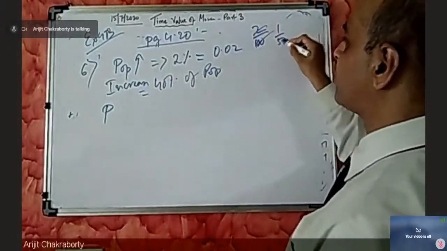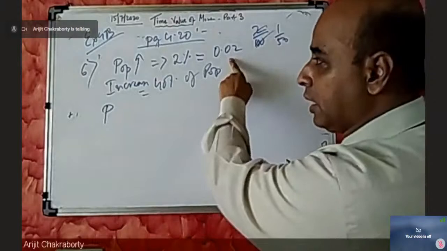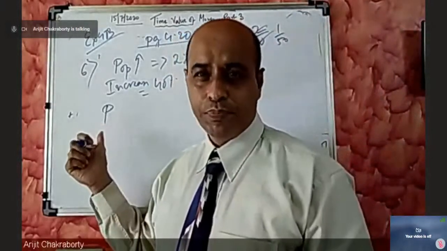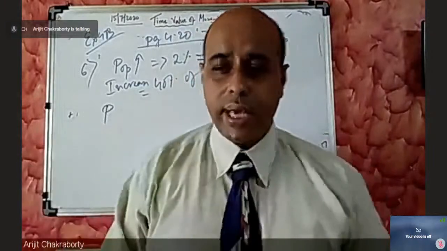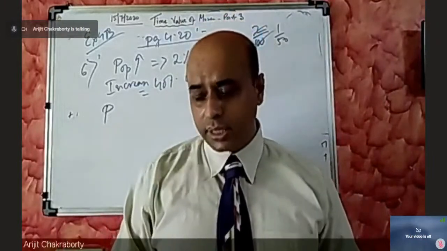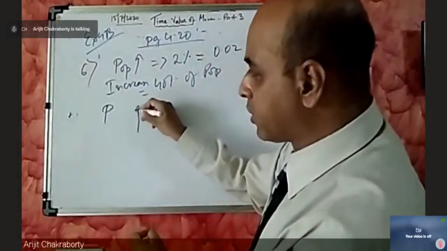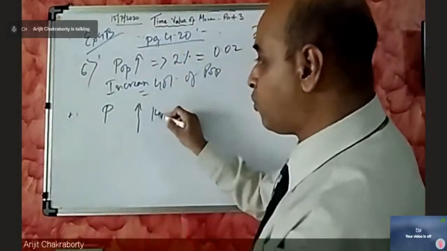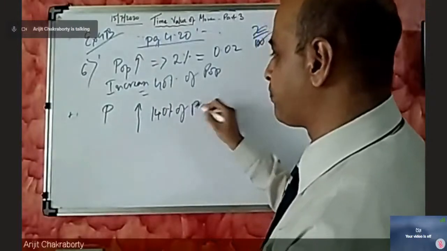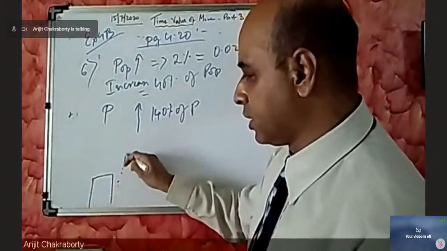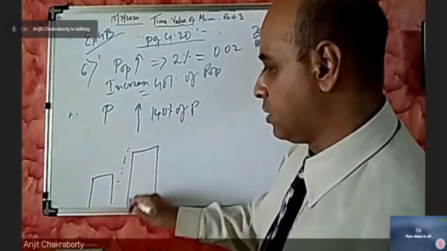Okay, so 1 by 50, 0.02. And the current population is P. The question says, after how many years this P will increase and become 140% of P. Population increasing, from P it becomes this much.